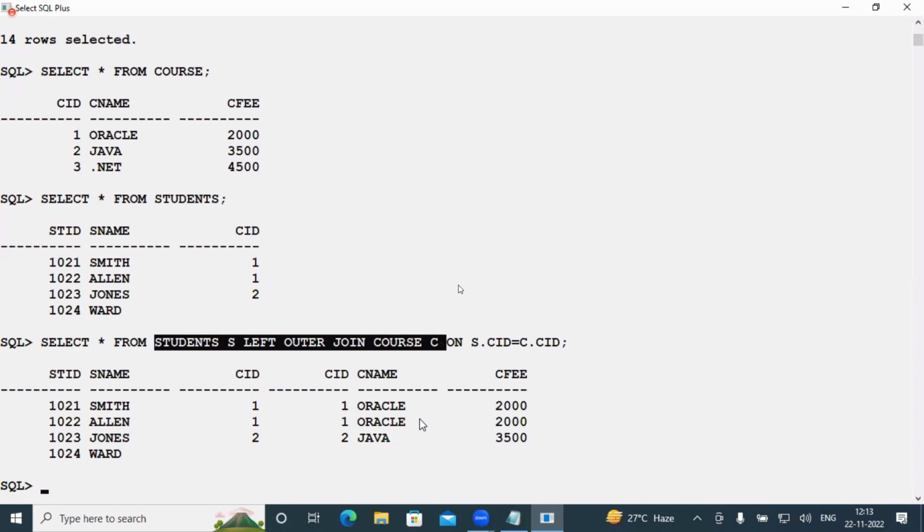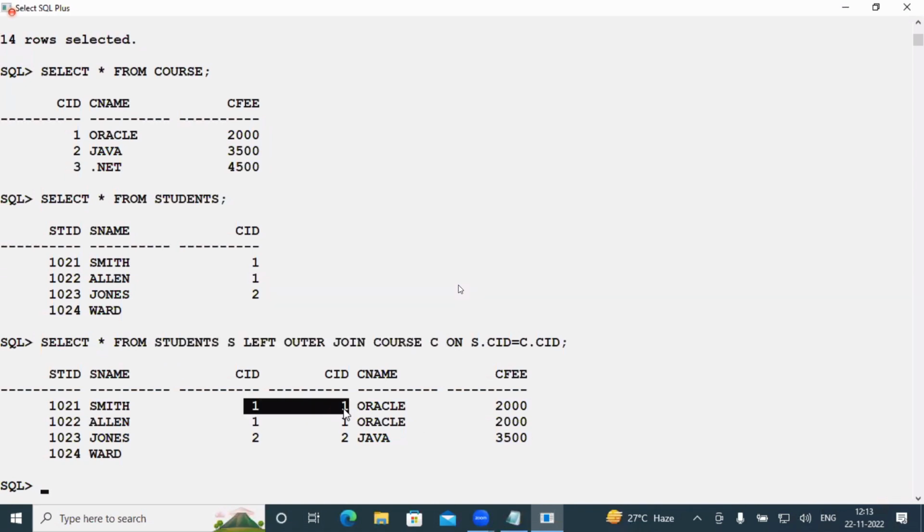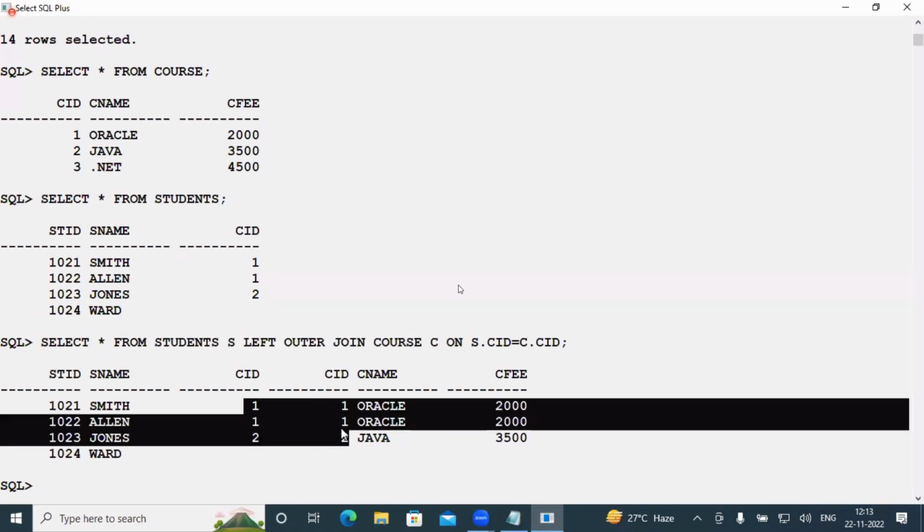Now you can see in my query, students left outer join course. Tell me which table is on the left side in the query? Student table is on the left side. That means matching rows, whatever was there, 1, 1, 1, 1, 2, 2, matching rows we are getting from both tables.